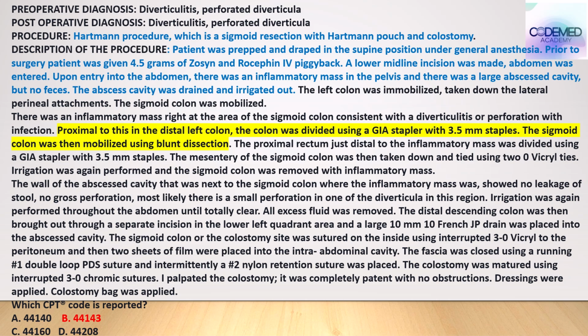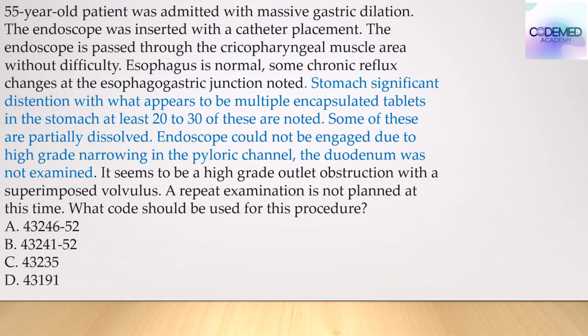It is the laparoscopic approach, because that is also a colectomy, but it comes under the laparoscopic approach. And in our case, the approach is open. So 44208 goes away, and 44143 talks about the Hartmann type procedure, and that's the name of the procedure that has been given in our data. And so we will pick up the code 44143.